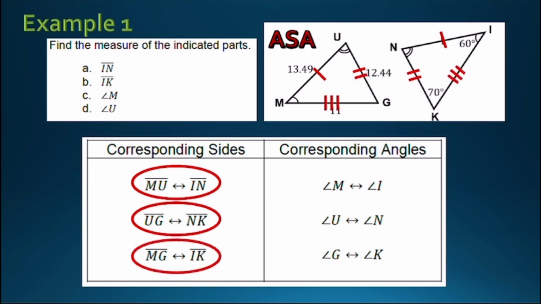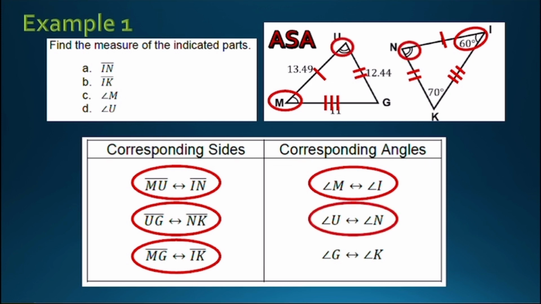And line segment MG is the same as line segment IK. And for our corresponding angles, angle M is the same as angle I. Angle U is the same as angle N. And for the last pair, angle G is the same as angle K.